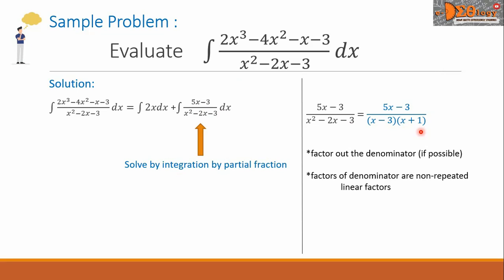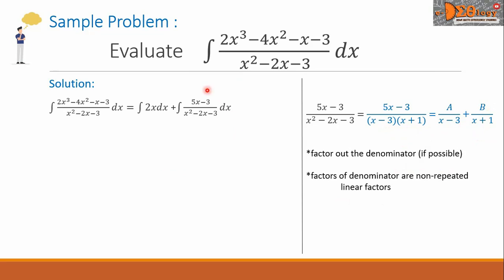Note that the factors of denominator are non-repeated linear factors. So by partial fraction principle, this is equivalent to A all over the first factor x minus 3 plus B all over the second factor x plus 1.